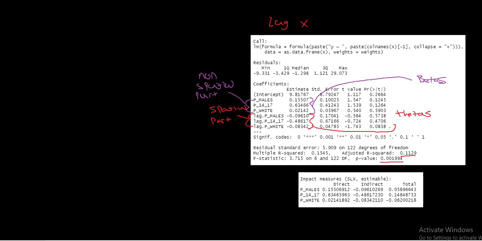What I want to do is throw two terms at you, and we've kind of talked about them before: direct effects and indirect effects. For the lag X model, this is actually pretty straightforward in terms of how we get them. When we talk about the lag Y model in a minute, it's not quite so straightforward, which is why we have this thing down here, which we'll talk about in just a second.